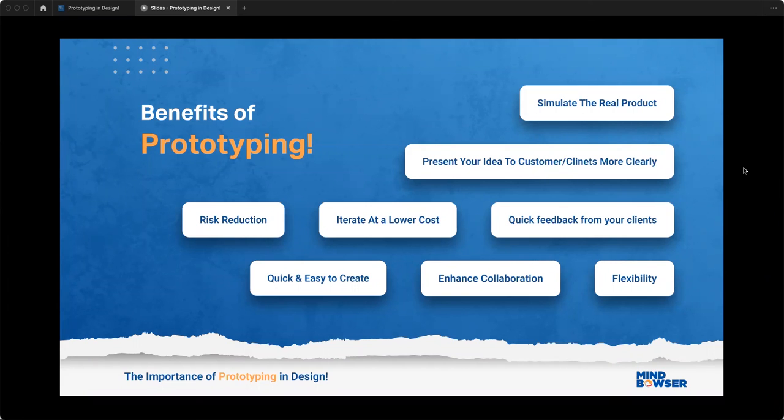Okay, so the final point is that it is quick and easy to create. As we all know, it is very easy to make changes and test new iterations. Here, I just want to tell you to make your prototypes and designs in a systematic way. Don't make them messy, so it will be easy for you to change anything in the later stages.